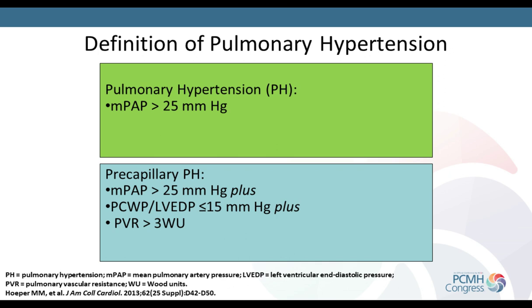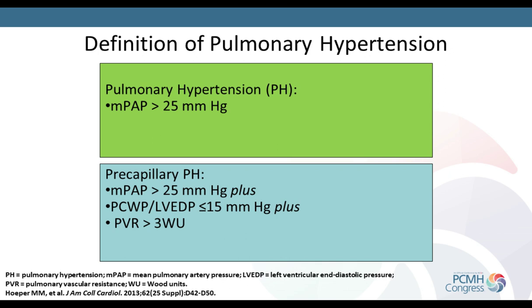We then define it even further because, as I said, it's not enough to know that the blood pressure in the lungs is elevated. You need to know where it's coming from. So, for instance, we can have the pressure coming from before the capillaries in the lungs. We call that precapillary, or it can be afterwards. And what I explain to patients is you can have a problem on the left side of your heart, which builds up pressure there, and then it backs up into the lungs.